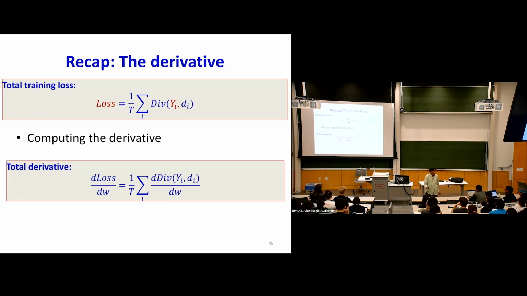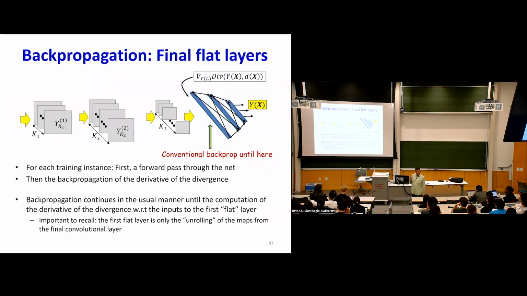It's the average of the divergences over the training set. The derivative of the loss with respect to any parameter is the average of the derivatives of the divergences for the individual training instances with respect to that parameter. And this is what we must compute using backprop. We know how to do this for a multi-layer perceptron, easy enough. So you can compute those derivatives all the way back to this first flattened layer.